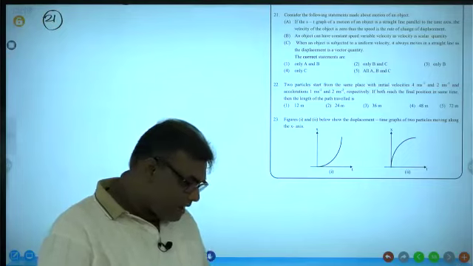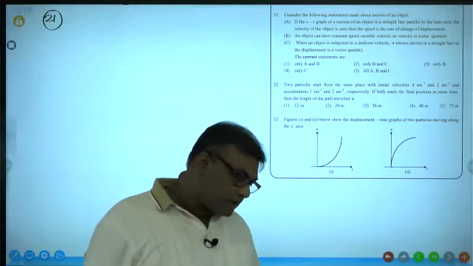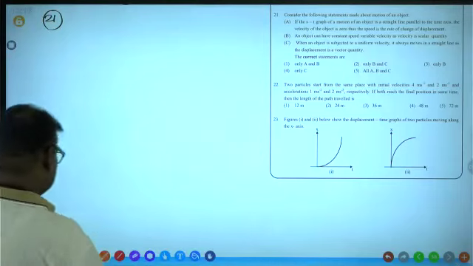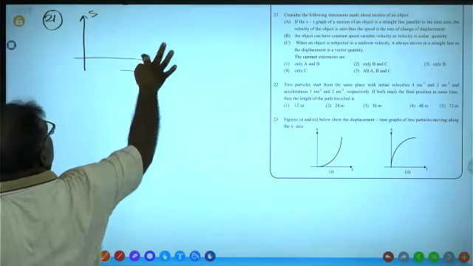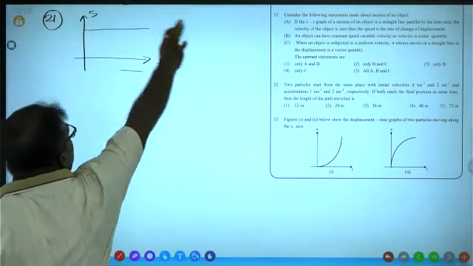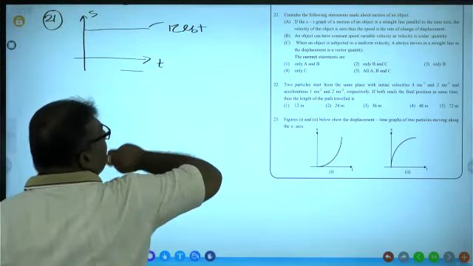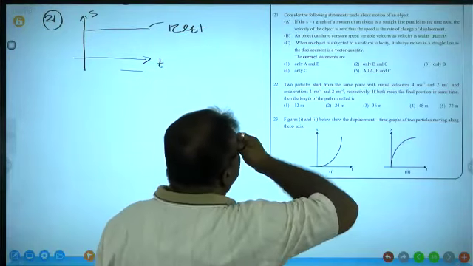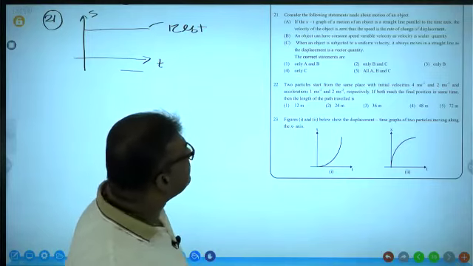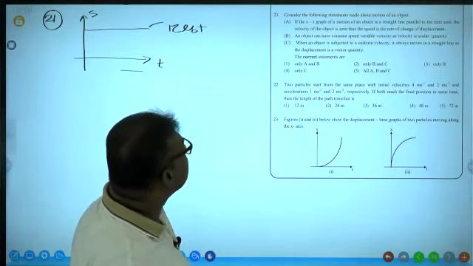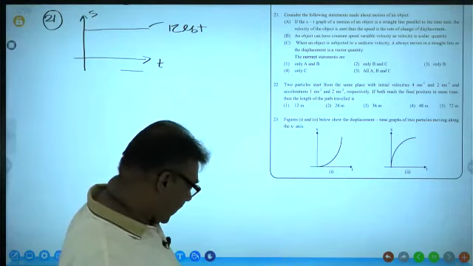If the ST graph of the motion of an object is a straight line parallel to the time axis, here the ST graph is parallel to the time axis. Definitely, it could be at rest, no? The velocity of the object is zero, thus the speed is the rate of change of displacement. Is the statement correct?